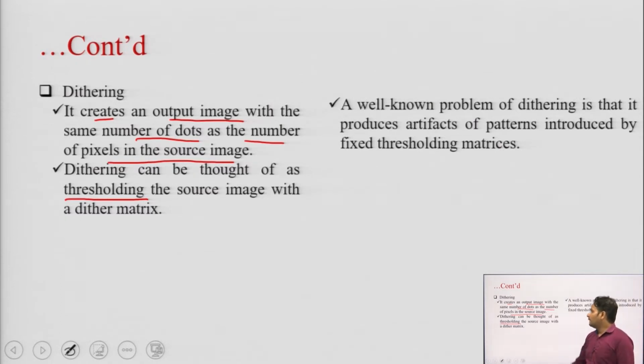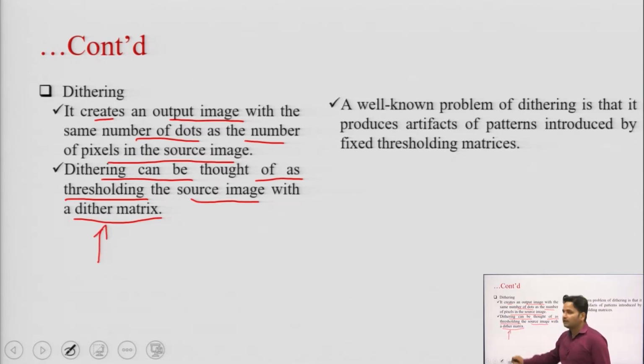Dithering can be thought of as thresholding the source image with a dither matrix. In the dithering process, we use the dither matrix, which is a constant matrix that is repeatedly used in the halftoning process.